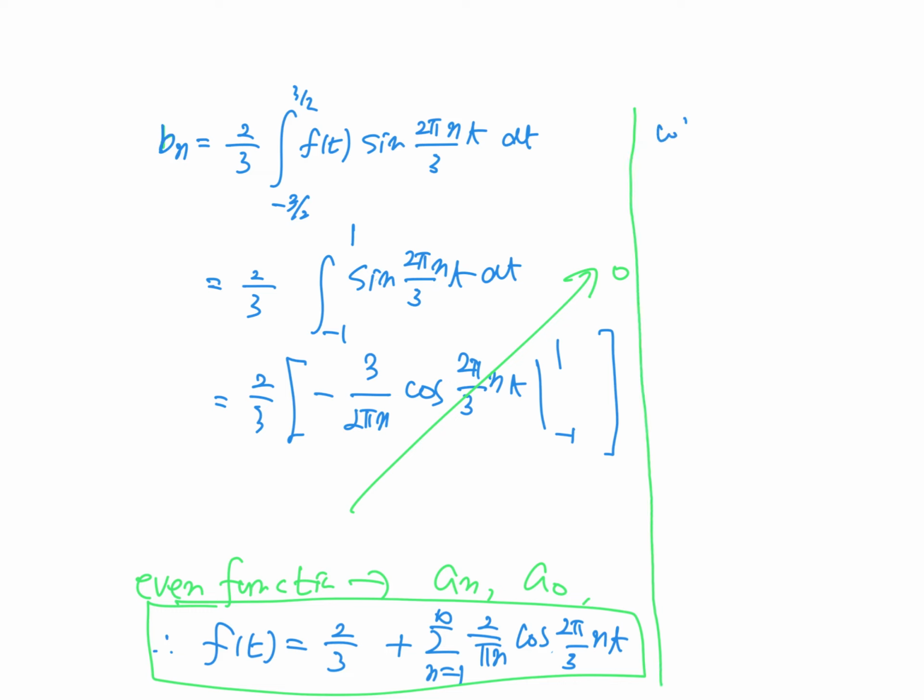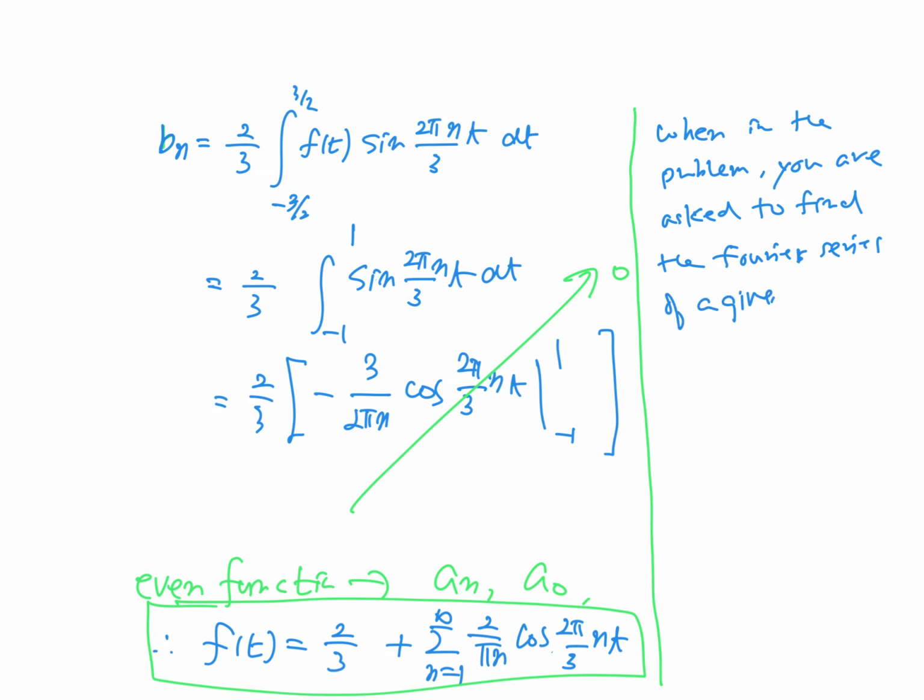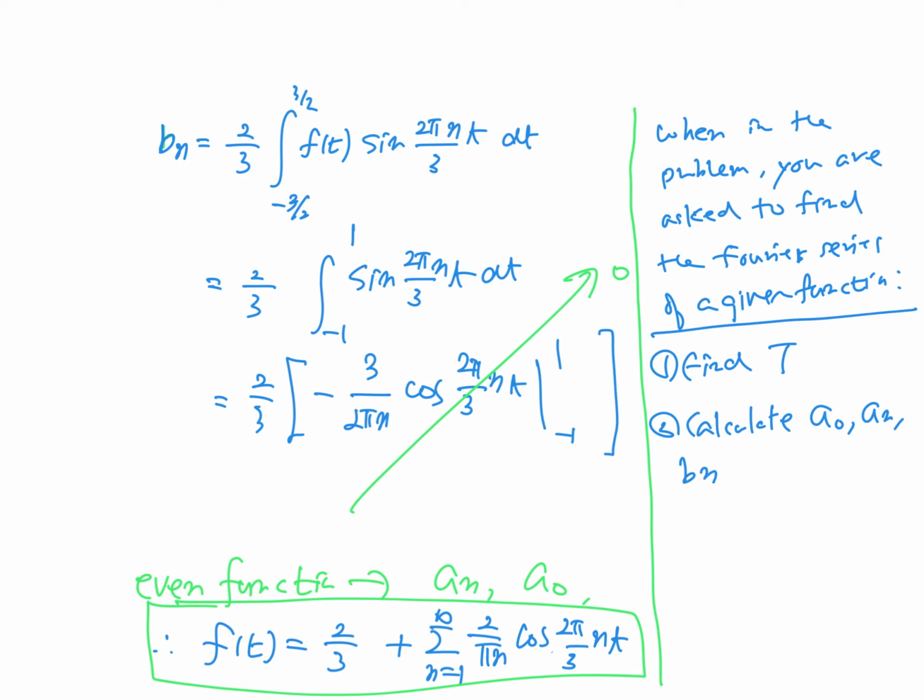When in the problem you are asked to find the Fourier series of a given function, then find T, calculate a0, an, bn, and write down f(t).